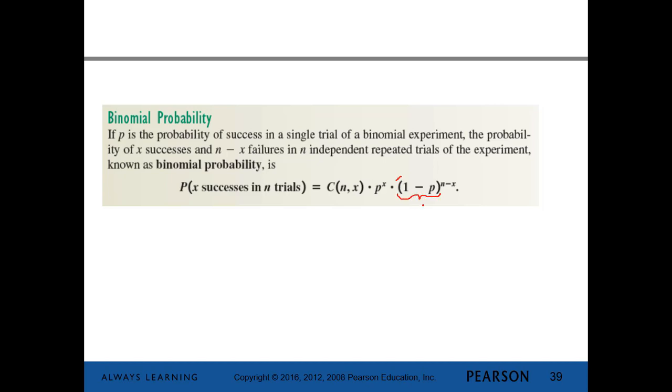So this can be q to the n minus x, because if there are x successes, then the rest of the trials, n minus x, have to be failures, which is 1 minus p, or what I call q. This is the binomial formula, and it gives us the probability of having exactly x successes out of n trials.